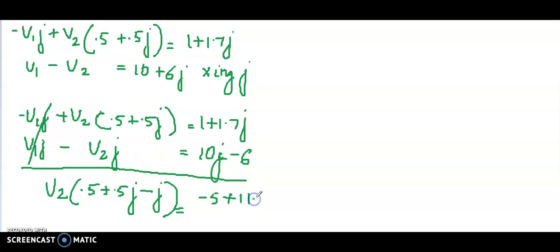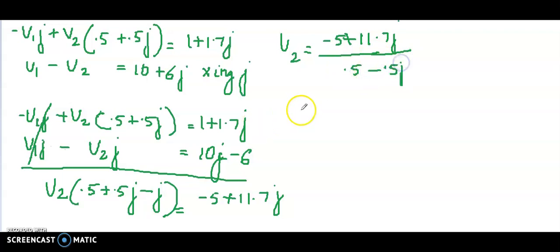minus 5 plus 11.7j. So you will get V2 is equal to minus 5 plus 11.7j divided by 0.5 minus 0.5j, and you will get the answer as minus 16.7 plus 6.7j, and you can convert it into polar form by using a calculator.